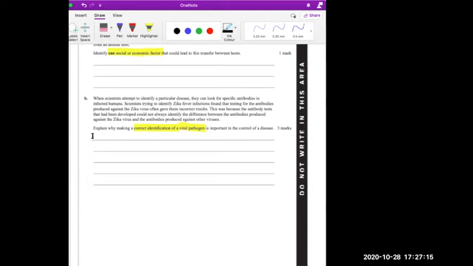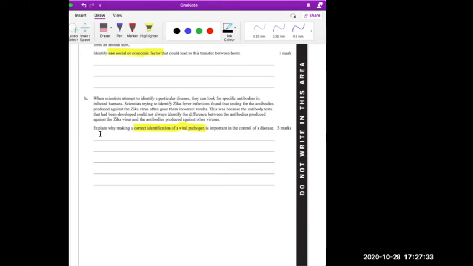So if you're looking to make an antiviral drug, knowing the specific pathogen is really important, because there's a capsid protein that encapsulates most viruses. All of them have different antigens, so knowing which one it is would be very helpful in being able to produce some sort of antiviral drug as well.